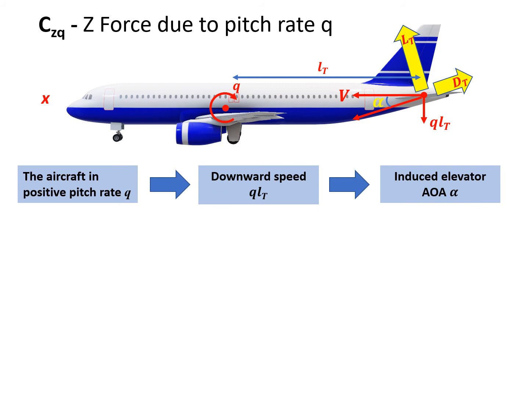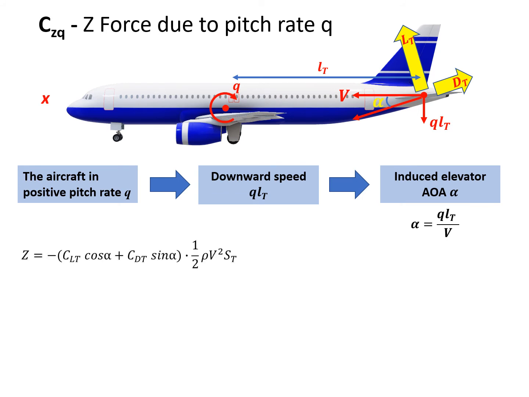Since we are looking at the Z force, the vertical force, we need the components of these two forces. Again, we can estimate alpha by Q times LT divided by V, the small angle of attack assumption we're already familiar with. I'm not repeating that procedure.